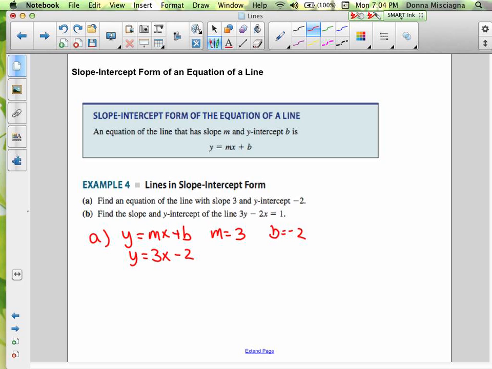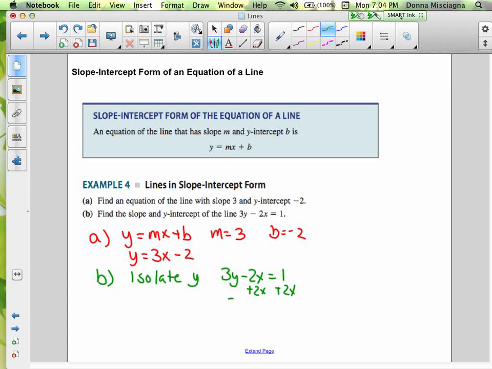Find the slope and y-intercept of the line 3y minus 2x equals 1. So for this one, we need to isolate y. So we have 3y minus 2x equals 1. Let's add 2x to both sides.